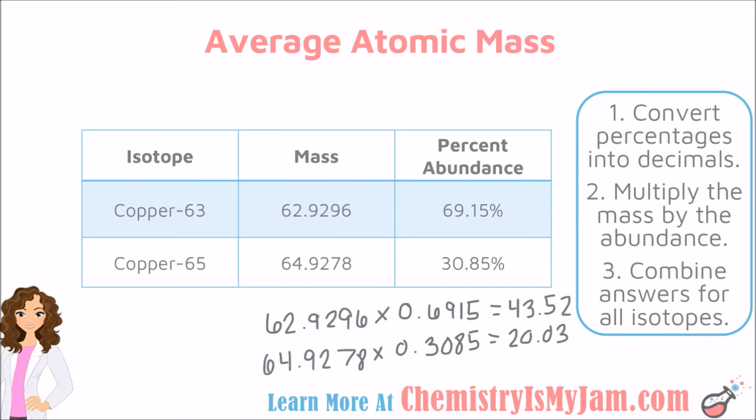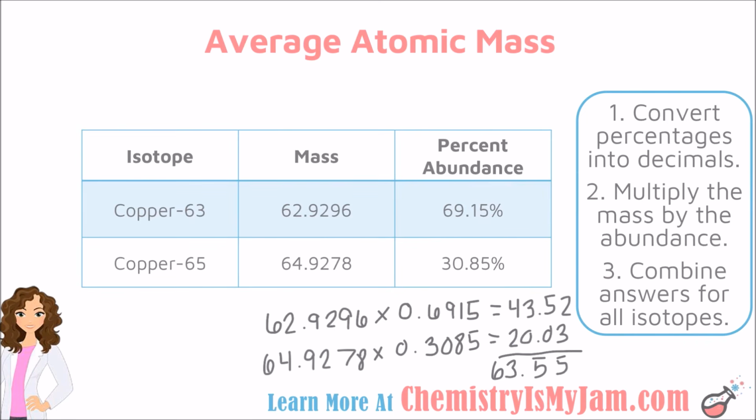The final step is to combine all of your answers. So I'm going to be adding together 43.52 and 20.03, which gives me 63.55. That is the average atomic mass for copper. Notice that the most common isotope of copper was the one that was 69%, and that is copper 63.